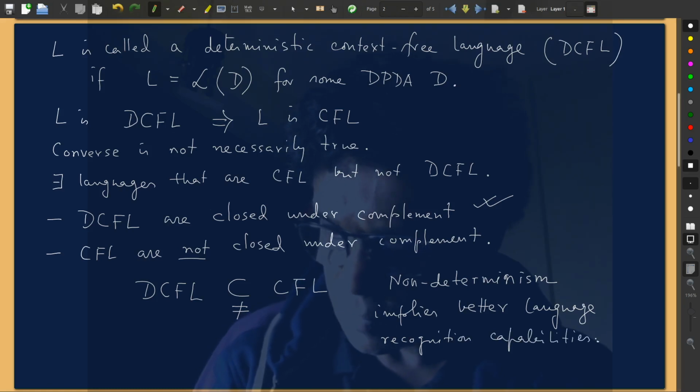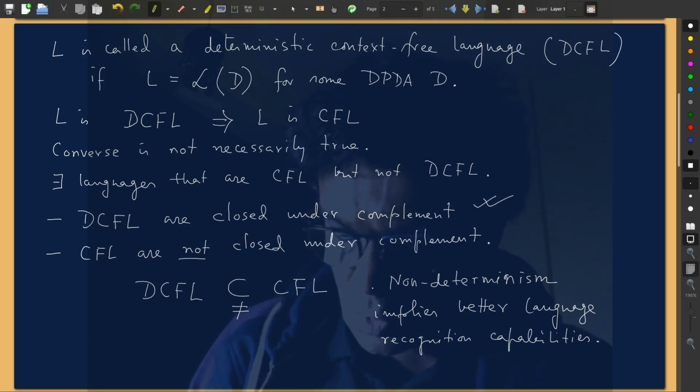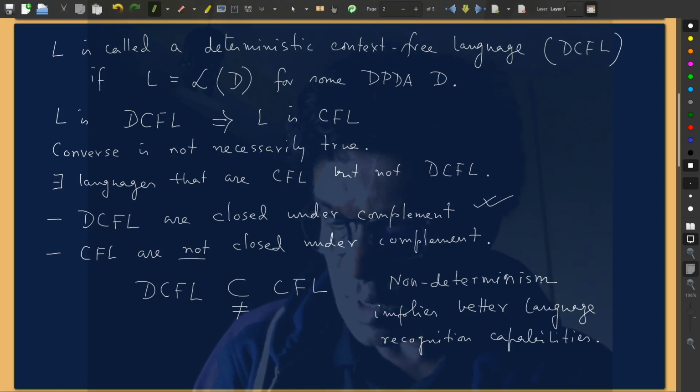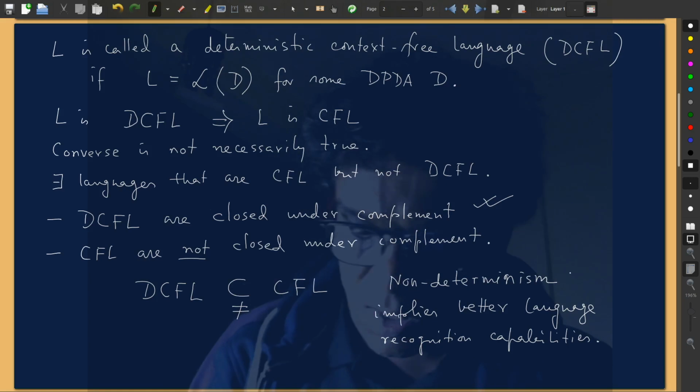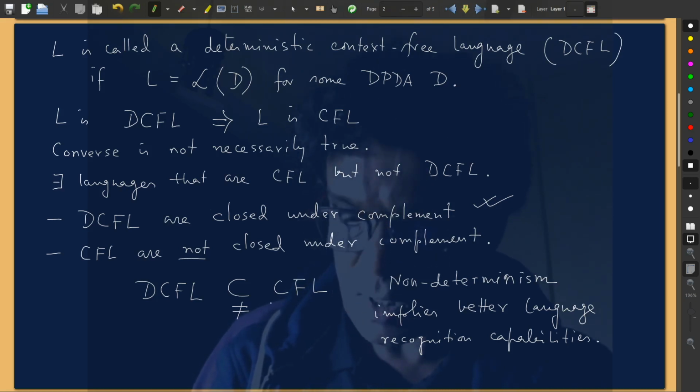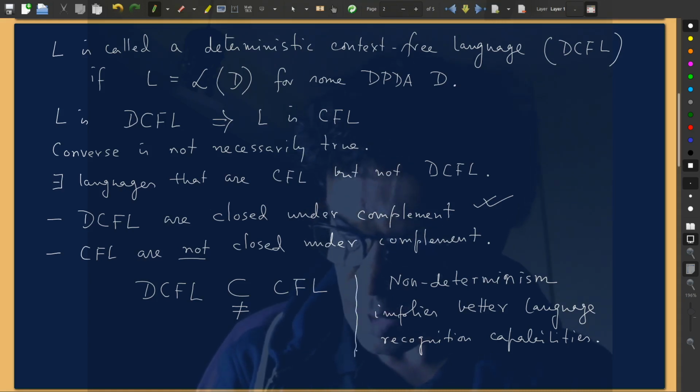So, in the context of regular languages, non-determinism sometimes helps the description of the language to shrink by an exponential factor. In this context of context-free languages, it actually implies more language recognition power. So non-determinism has a role to play in this context. So this is important.